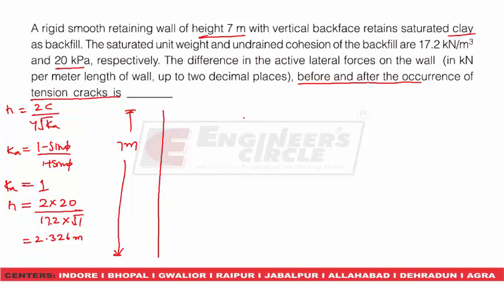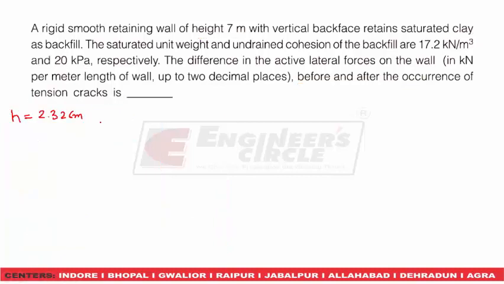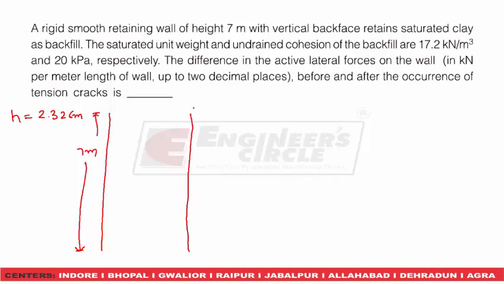So before the occurrence of tension crack, the variation of earth pressure will be like, let us draw again. This total depth is 7 meter, and this is the variation of earth pressure before development of tension crack.